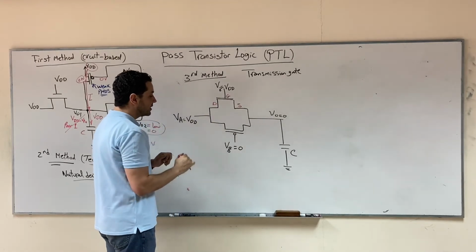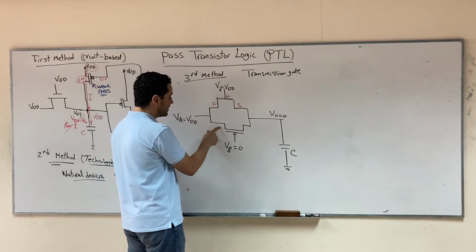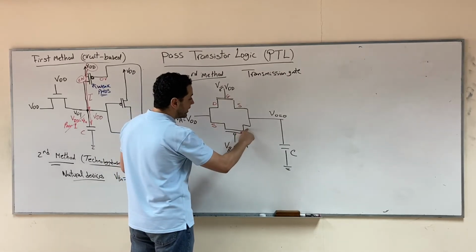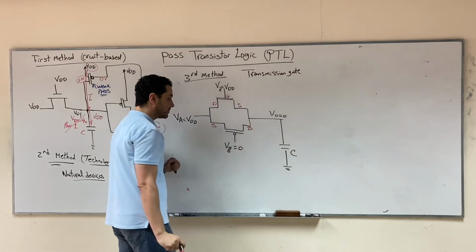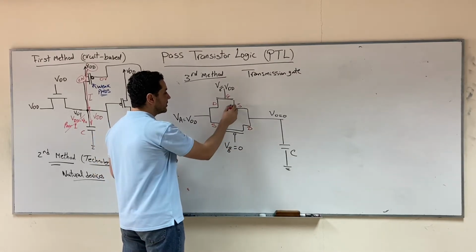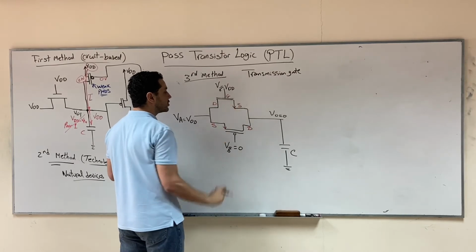For the PMOS, the terminal connected towards the high is the source, and the one connected towards the low is the drain.